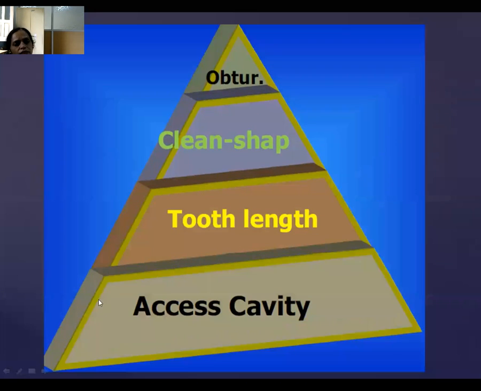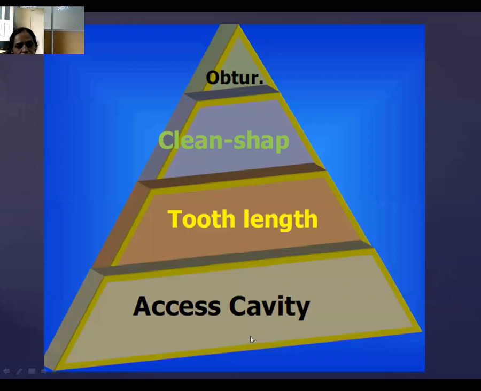Here, these are the steps of root canal treatment: access cavity preparation, then we determine the length of the root, then we do the cleaning and shaping, and then we do the obturation. Why is this a pyramid? Because if one step fails, the next fails, and the next fails.